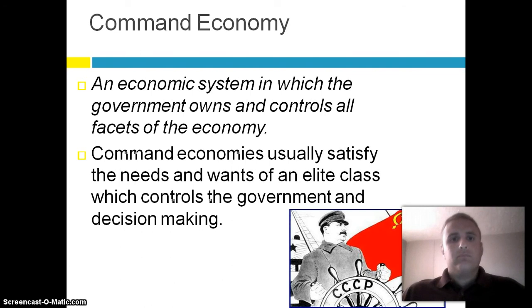Remember back to world and U.S. history, and you'll remember that in those types of economies, the government will decide possibly what type of job you work, what type of food you'll eat, or how much food you'll eat, how much money you make, what types of clothes you wear, and even further on, what you can and cannot do in your workplace. Things like strikes, things like lunch breaks, even in some extreme cases, are absolutely forbidden in a command economy.